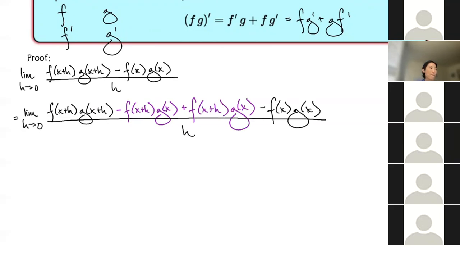Now I'm going to group some terms. And in particular, I'm going to split this fraction into 2 separate fractions. So I'm going to divide along this way.